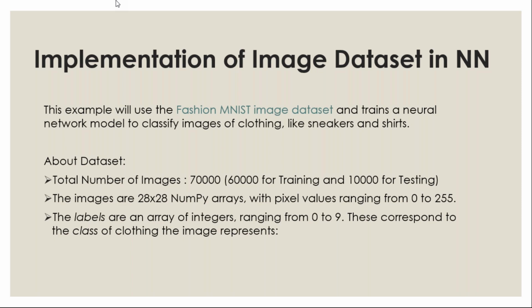Each image size is 28 by 28, that means 28 rows and 28 columns. That is the size of a single image. The image is grayscale, so the pixel values range from 0 to 255.